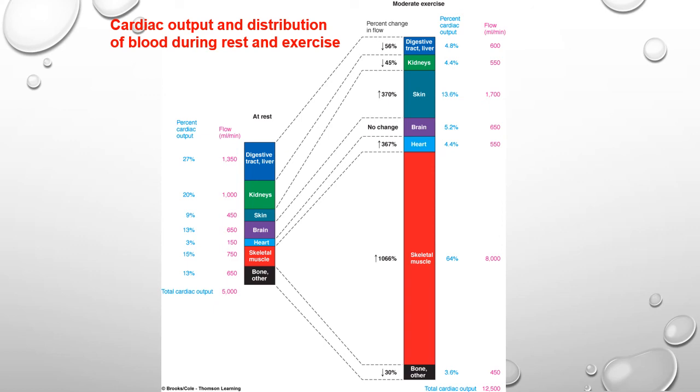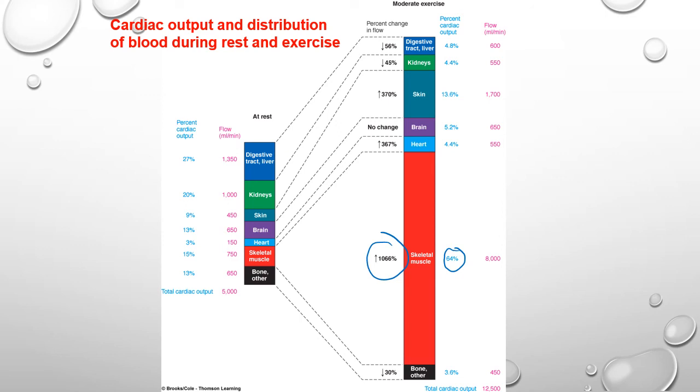And so things like our muscles are going to be working more, and as such, they're going to see a huge amount of positive change in the overall percentage of blood flow to them. They're also going to see a huge change in the amount of cardiac output that is sent to them as well.